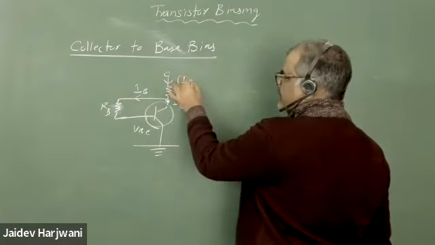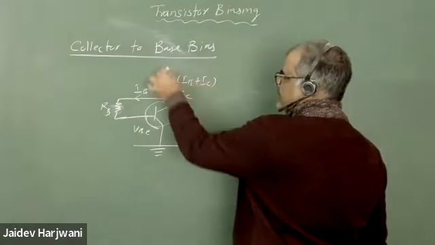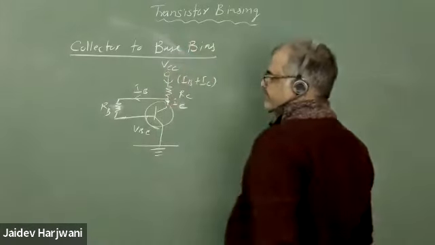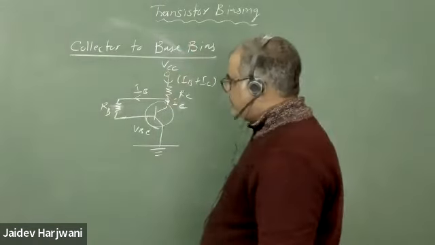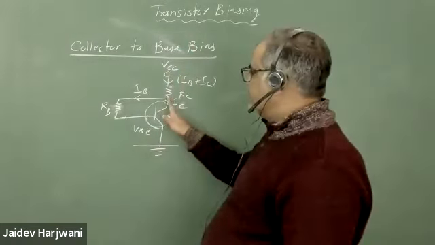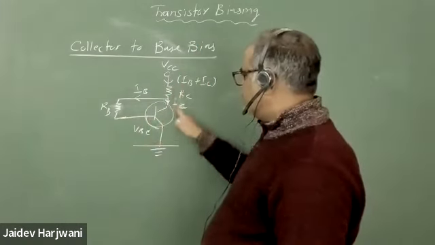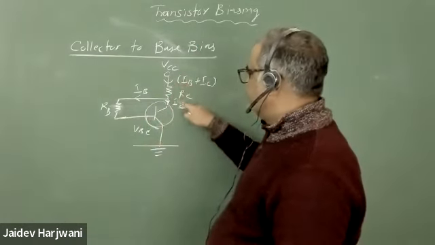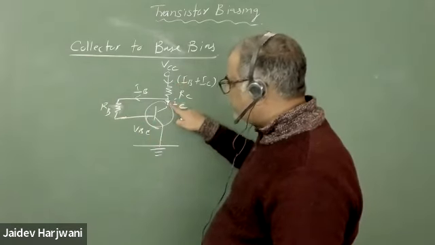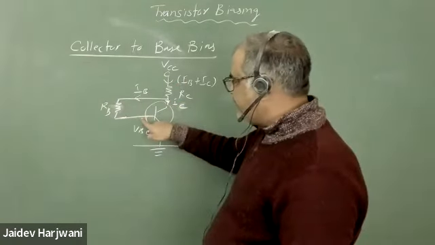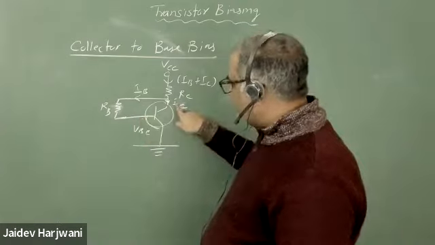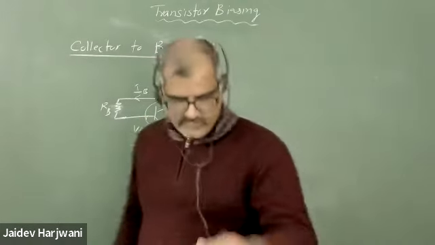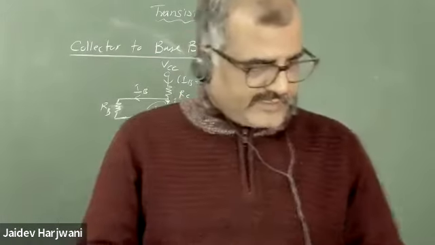So this current is your IB plus IC, and this is your VCC. So this is your collector to base bias. You have to keep this current always. Whatever current goes in the collector, that is IC. Whatever current is going to the base is IB. Accordingly, you have to write what current is flowing here. Total current is IB plus IC.